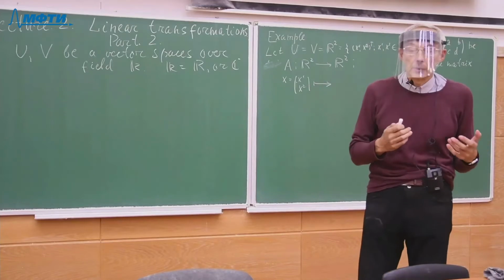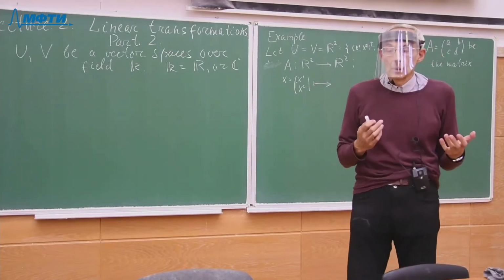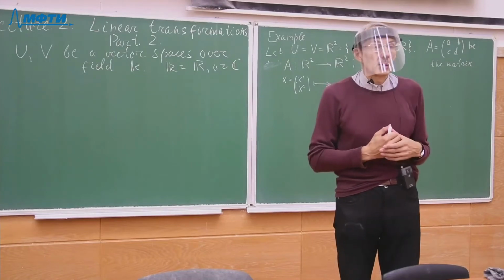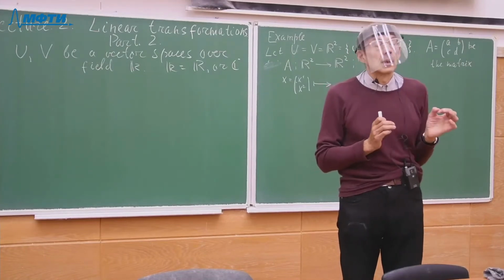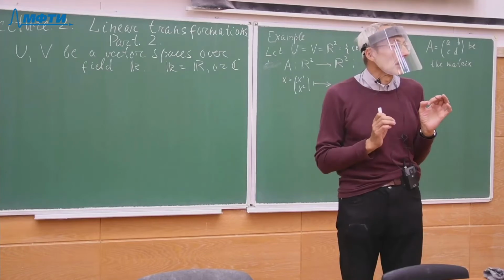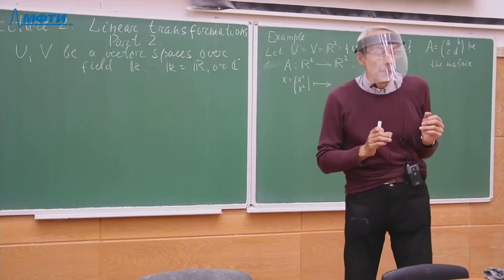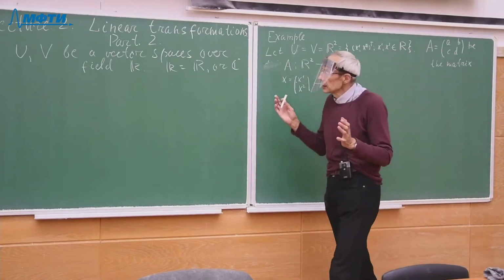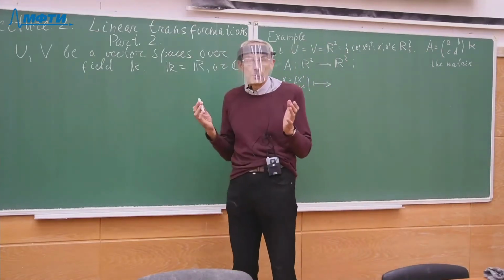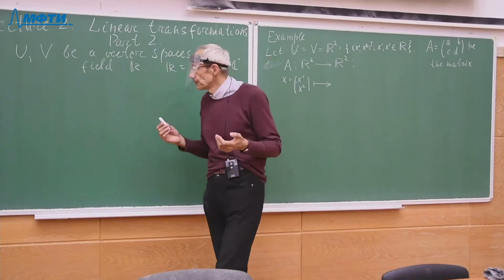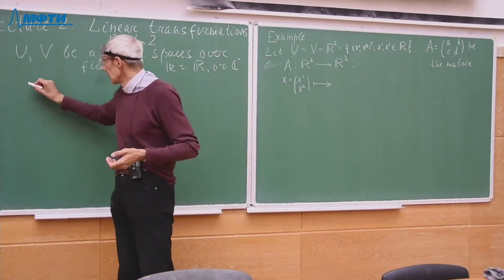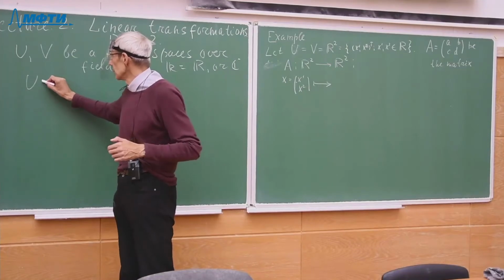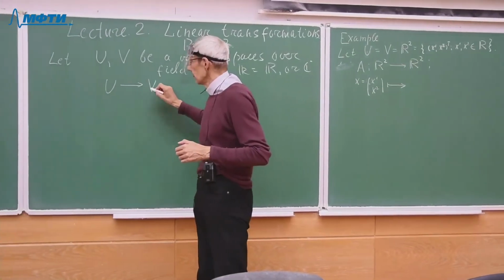I will explain what linear transformation means, and we start with maybe some most simple example. A linear transformation is a mapping from one linear space, one vector space U, to another vector space V.